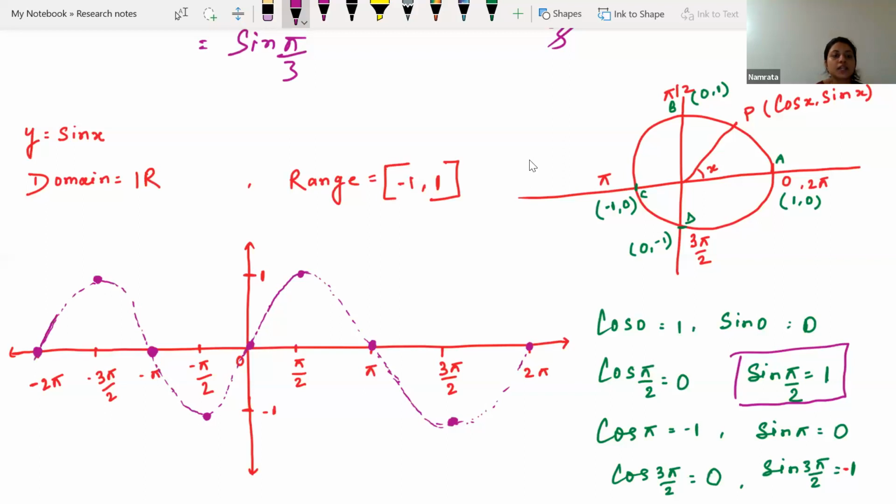Can you see the graph of sin x? Both of you? Yes, ma'am. Is it clear to you how we have plotted the graph?